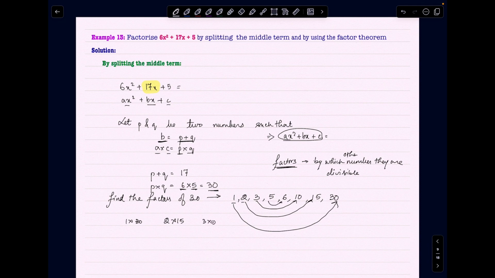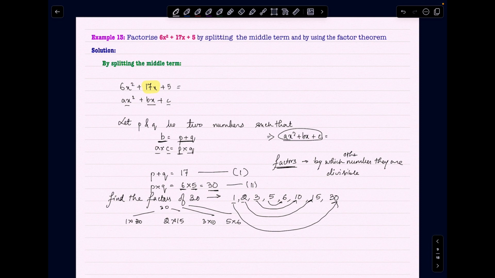And 5 into 6 is also 30. All these results are 30 only. But there is a condition, two equations are there. We have to satisfy both equation 1 and 2. All these four combinations satisfy equation 2. But which of these will satisfy equation 1?